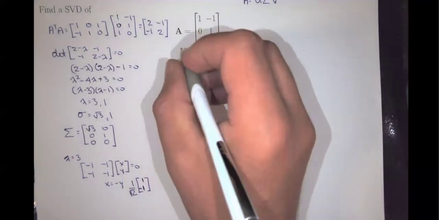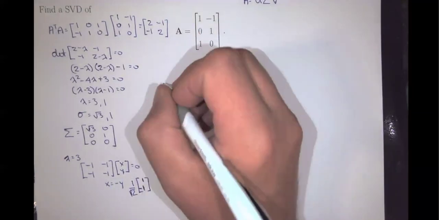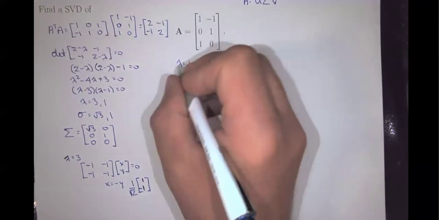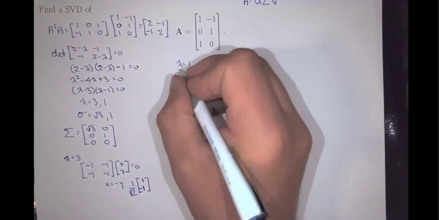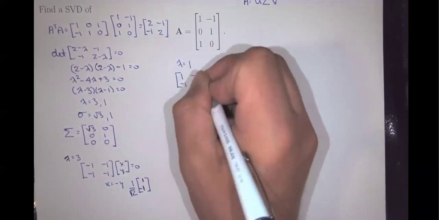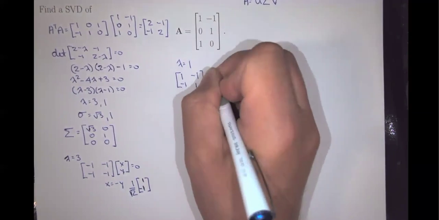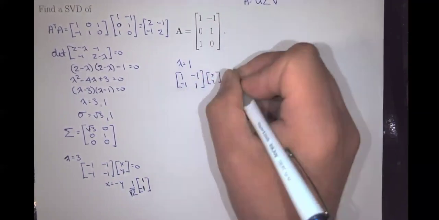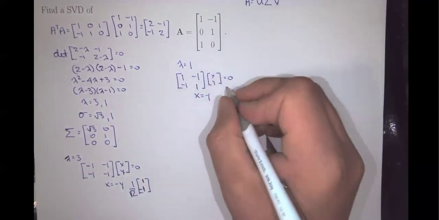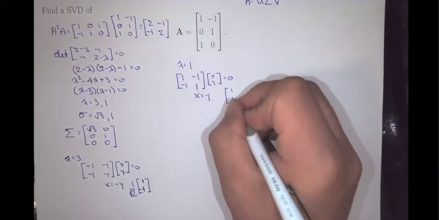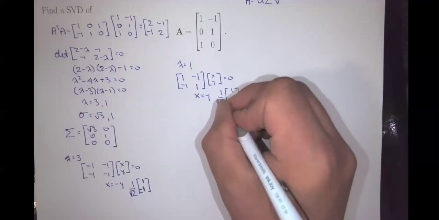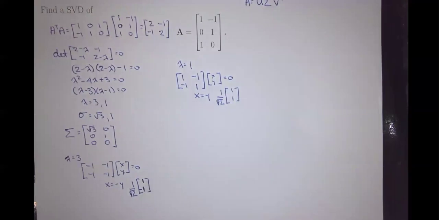Next, we have lambda equals 1. So our matrix here is going to be 2 minus 1 is 1, then negative 1, then negative 1, and 2 minus 1 is 1, times x and y equals 0. So here x is equal to y. The eigenvector 1, 1 works, and we'll normalize it by multiplying by 1 over root 2.